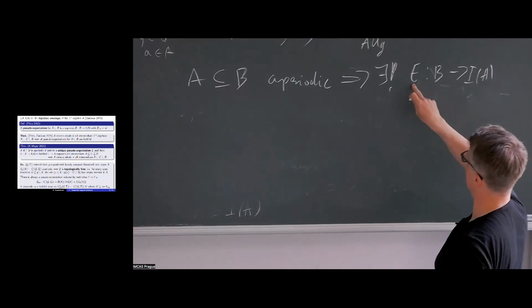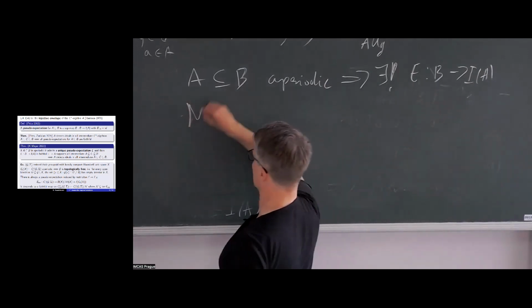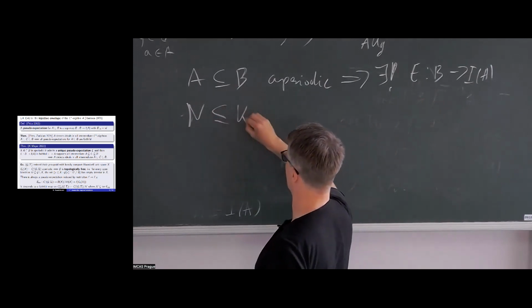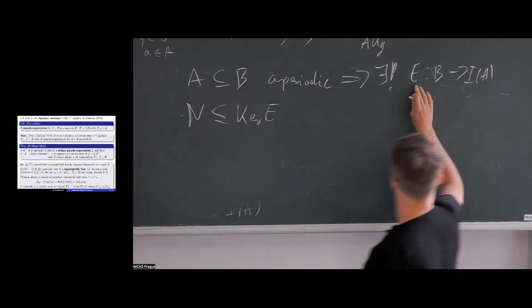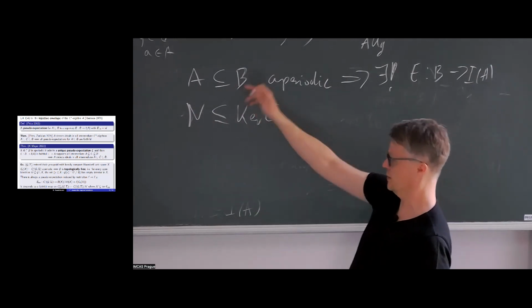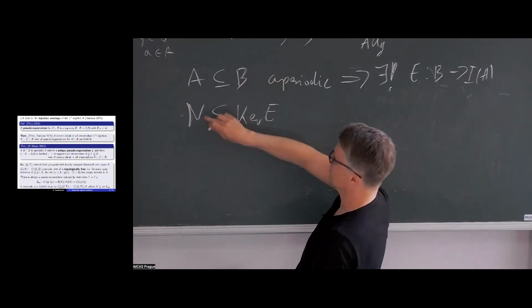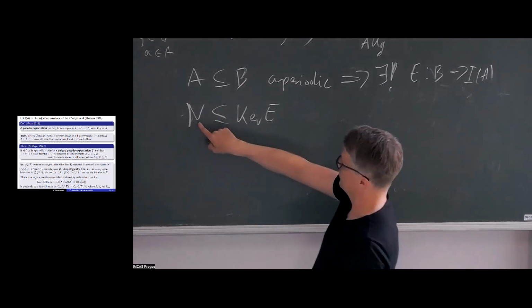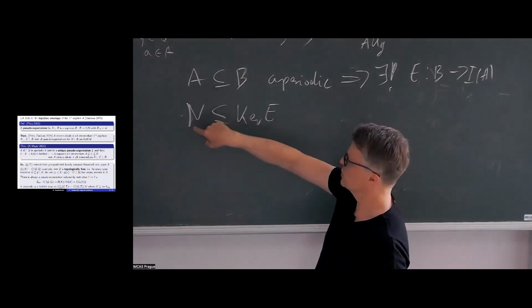Then you always take this N, the largest ideal in your algebra B that is contained in the kernel of E. E is just a linear map, so the kernel does not need to be an ideal. So you take N to be the largest ideal in the kernel, and it cannot intersect A. The intersection with A is trivial.